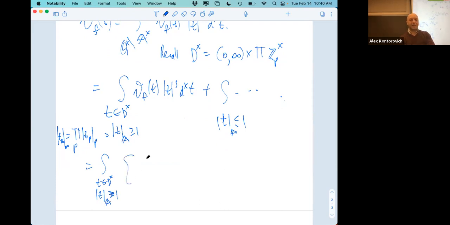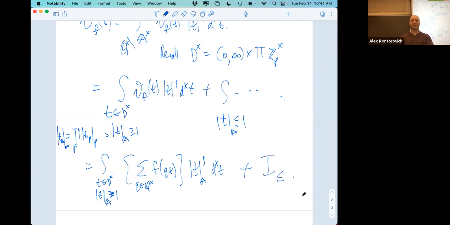Let's recall it's a sum over q in Q cross of f of qt, then I have a t to the s, adelic norm, but of course, again, we're in D cross, so the only thing that gets a norm here, all the norms are one except the infinite norm, dt cross, plus this other integral. So let's call this I less than or equal to. I just want to deal with this one for a second.